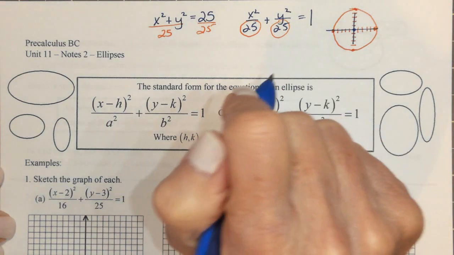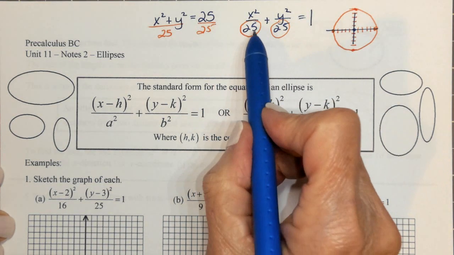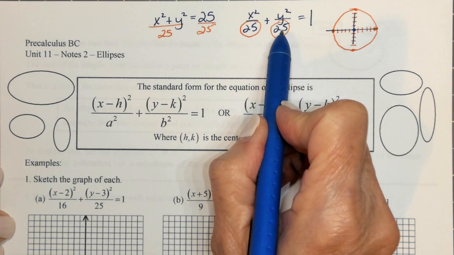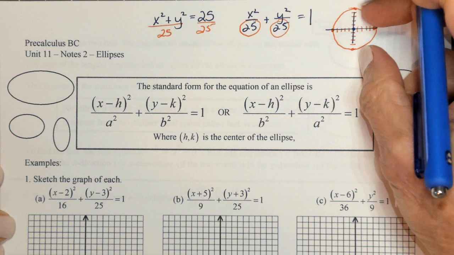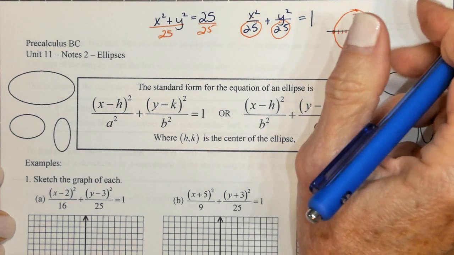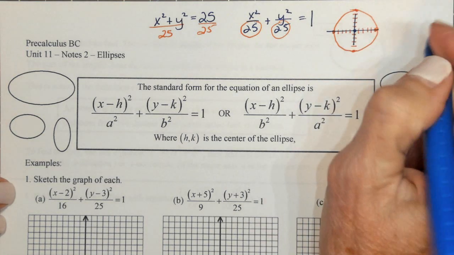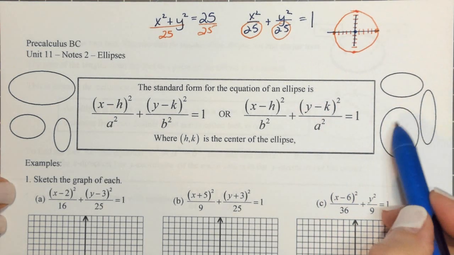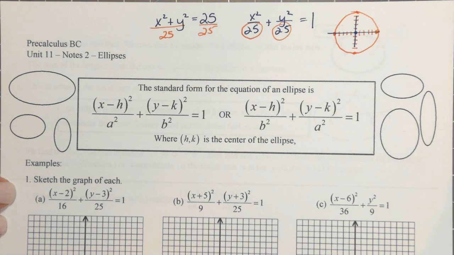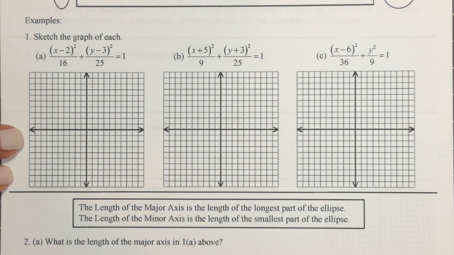That is exactly how we sketch an ellipse, except for an ellipse, these numbers will not match. Okay? So you might have a squashed circle or an elongated circle. An ellipse is a little bit like a squashed or elongated circle. Other than that, they're very similar to circles.